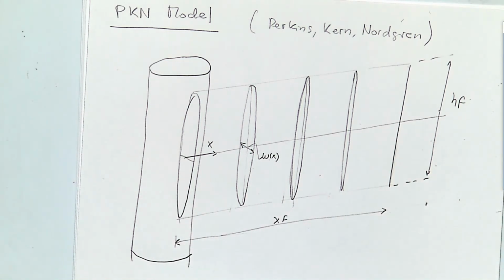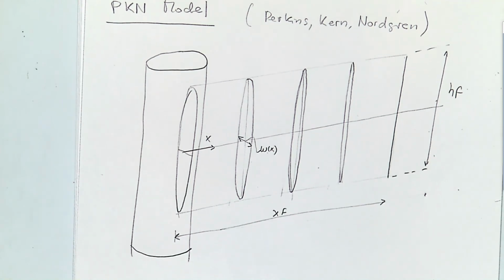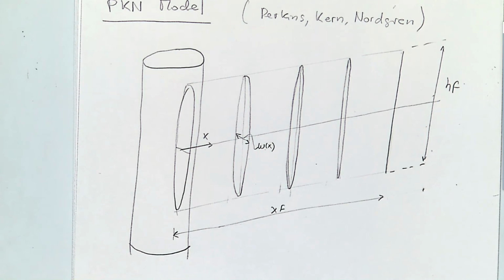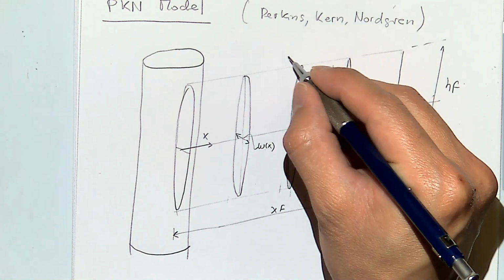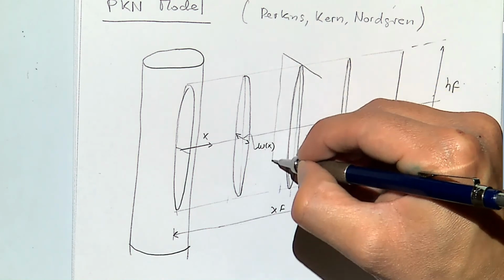Fracture half length is xf. And probably the most important thing from the mechanical point of view to consider in this model is that what this PKN model assumes is a state of plane strain in the plane perpendicular to the fracture.